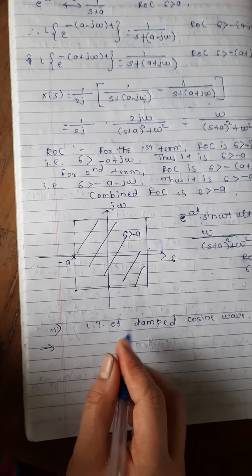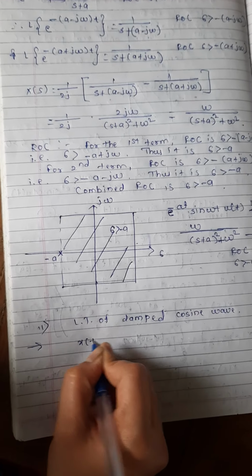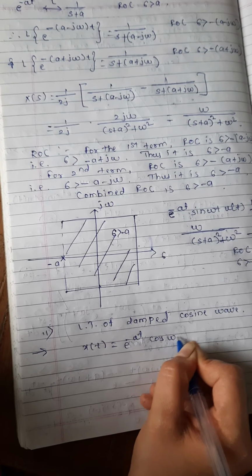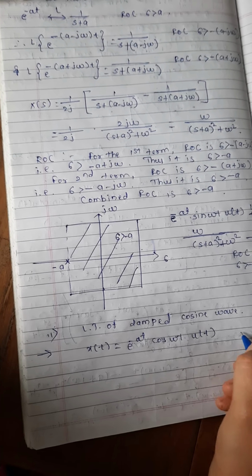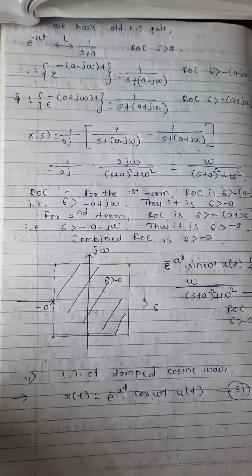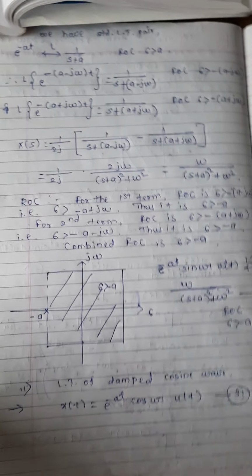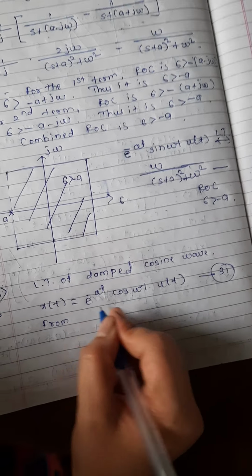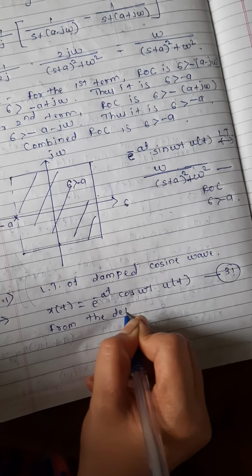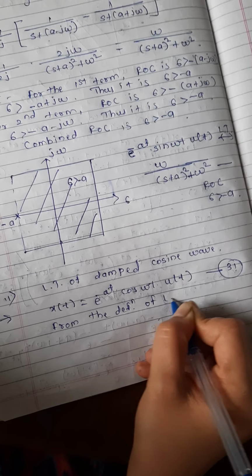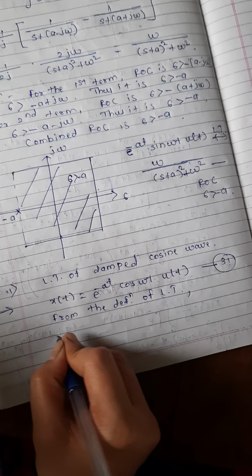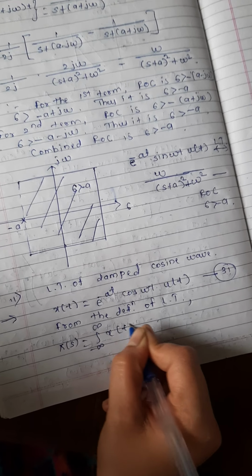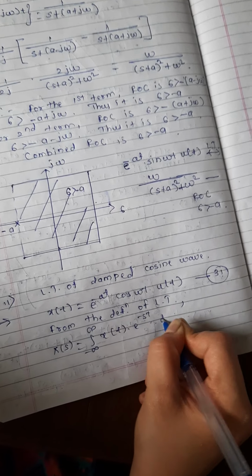So consider damped cosine wave as x of t equals e raised to minus at cos of omega t u of t. Equation number 31. Now from the definition of Laplace transform, X of s is the integral from minus infinity to infinity of x of t e raised to minus st dt.